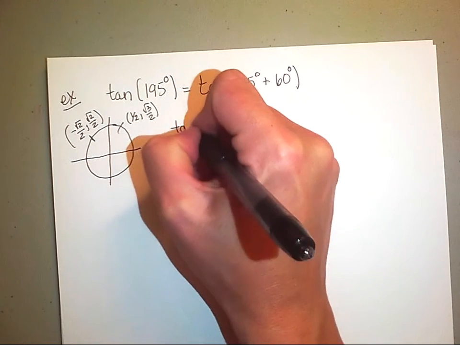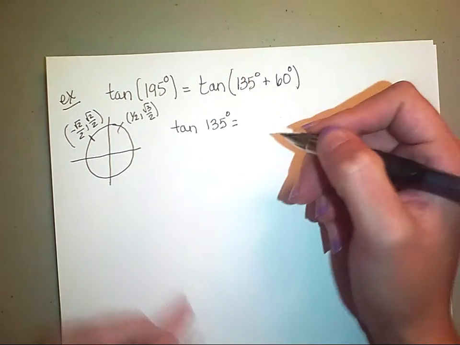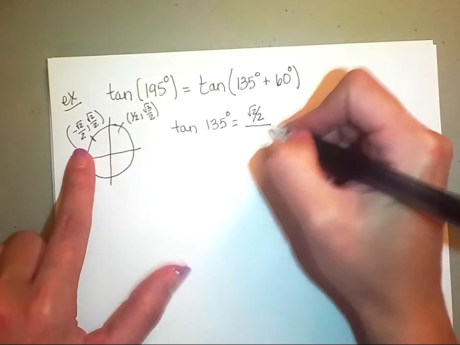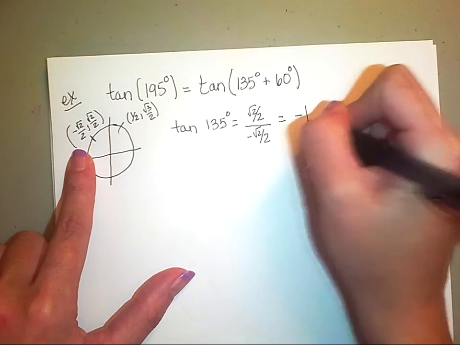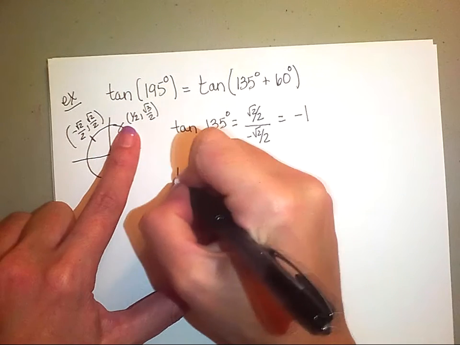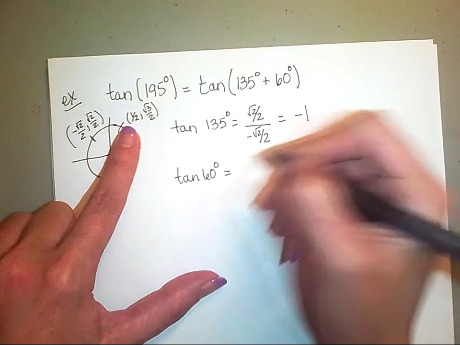So we know then that the tangent of 135 degrees is equal to the sine, which is square root of 2 over 2, over the cosine, which is negative square root of 2 over 2, which will reduce to -1. And now we can also find the tangent of 60 degrees.